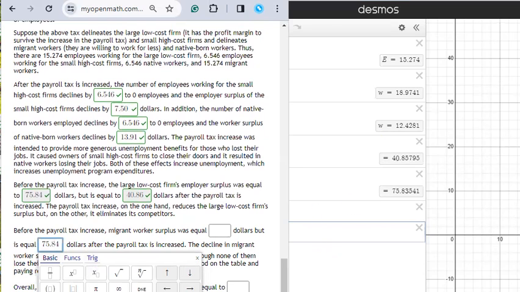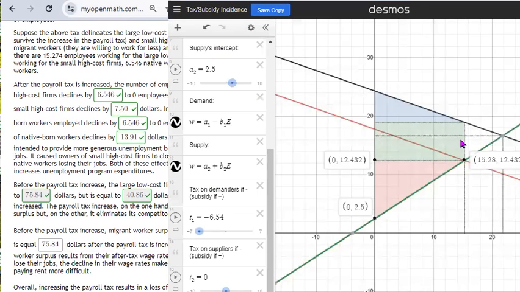So we have to recognize that this lower, larger green rectangle below this upper smaller green rectangle, this upper rectangle is the loss in worker surplus to migrant workers when the tax is imposed.